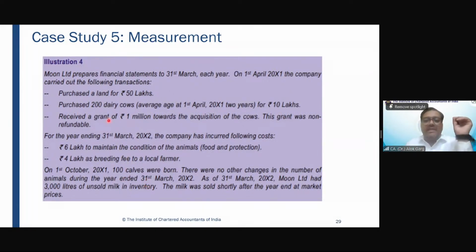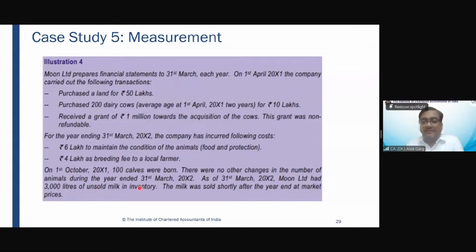So this company purchased 200 cows on 1st April, and then 100 calves were born on 1st October. What is the total quantity of animals as on 31st March 2002? 300, 200 cows and 100 calves.